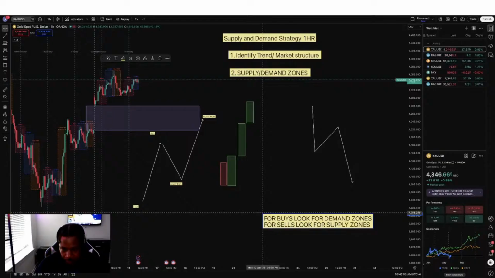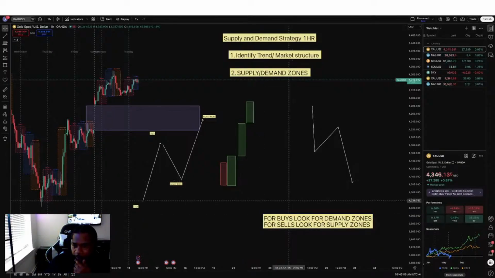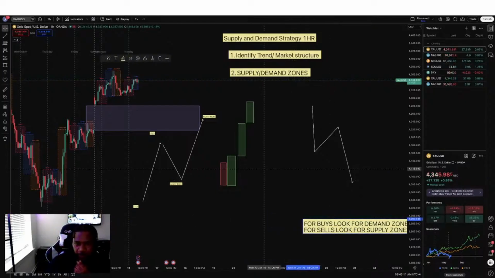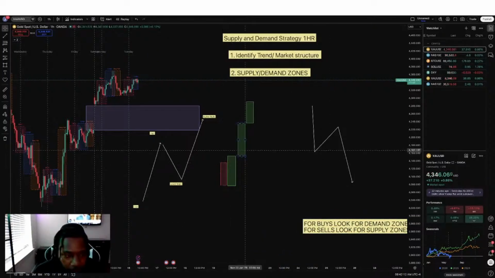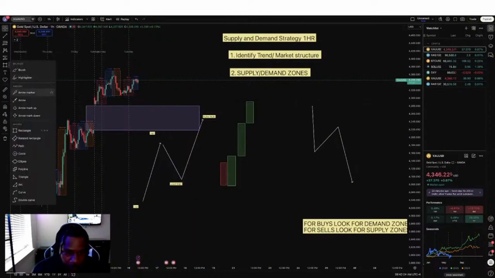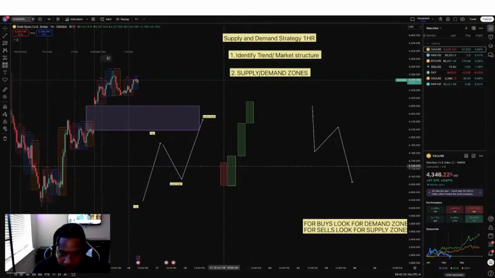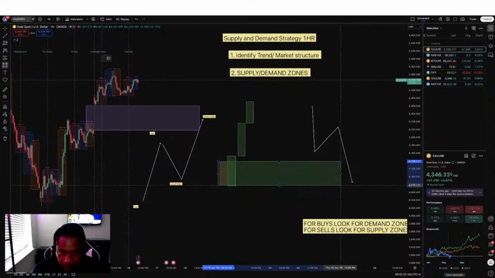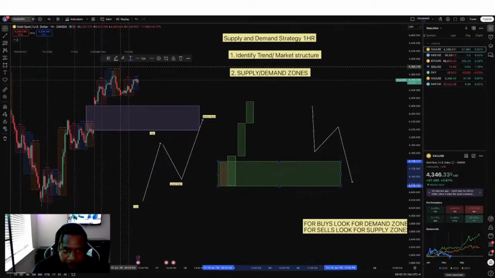All right, so for buys, we want to look for demand. So for demand zone, we want to look at that most recent bearish candle, which is the red candle, before the market made its extension. So this red candle right here would essentially be the demand zone.